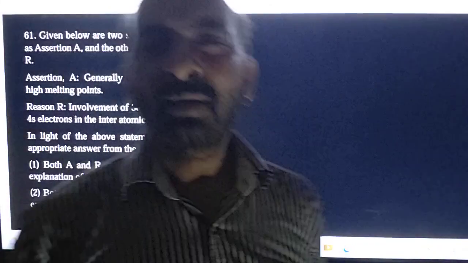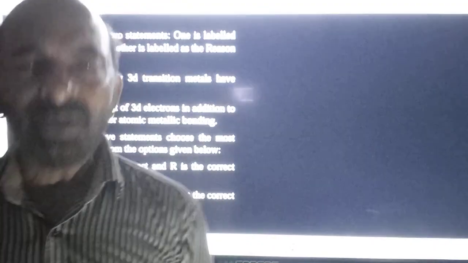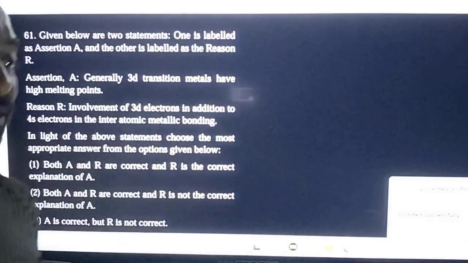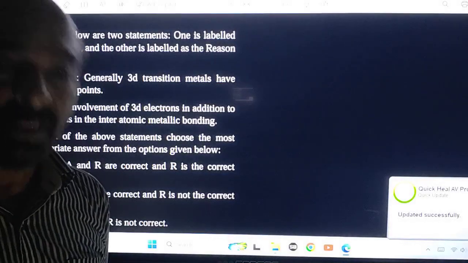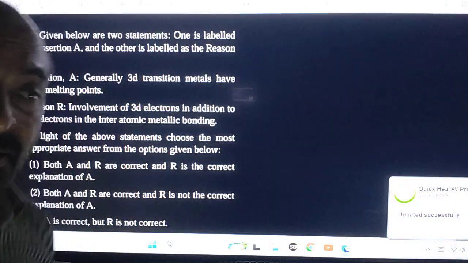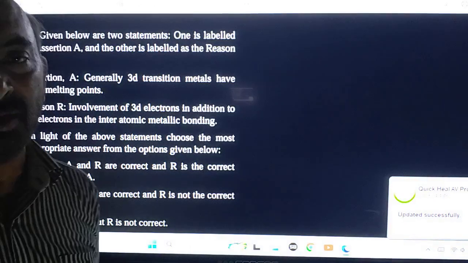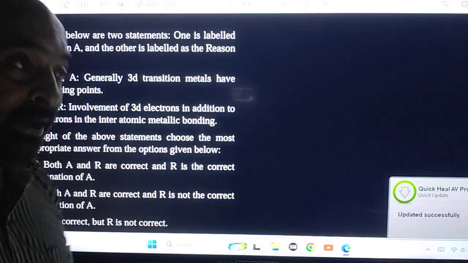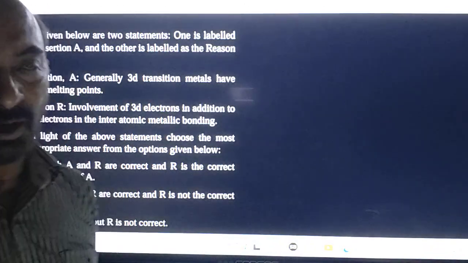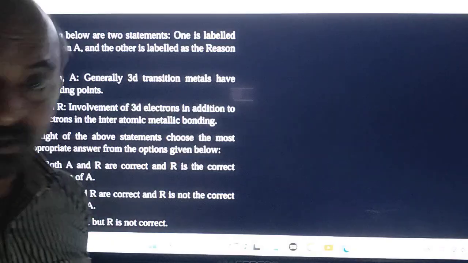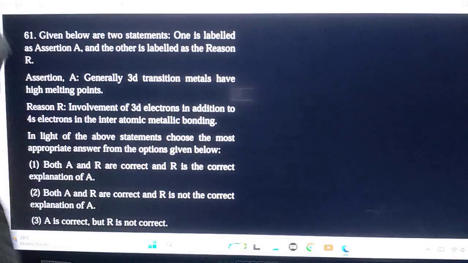See here, it is from the d and f block elements, doubtless, and it is very clear that the assertion as well as the reason are correct. Not only that, the reason explains why the assertion statement is valid. We know that generally d block metals have high melting points. Of course, exceptions are there due to specific reasons, like mercury.